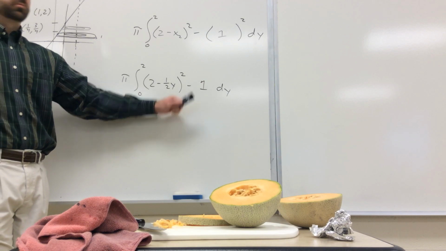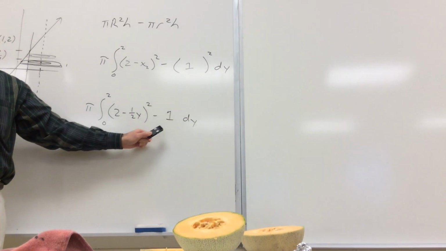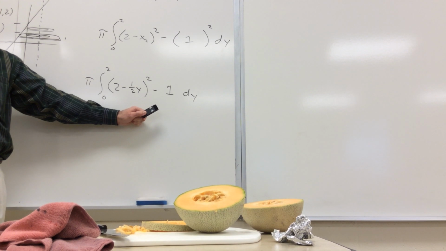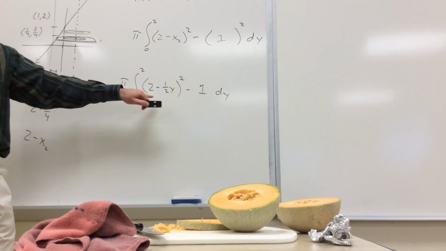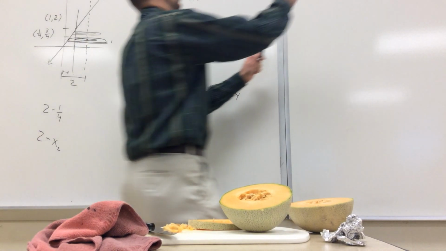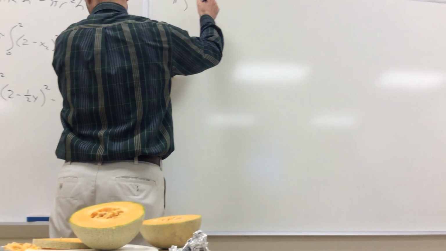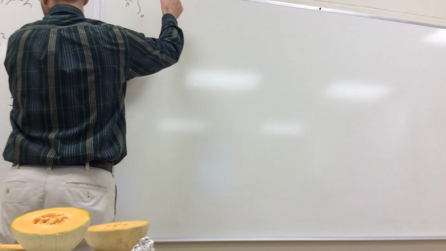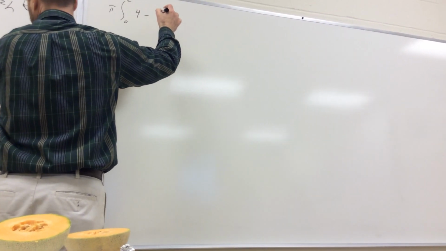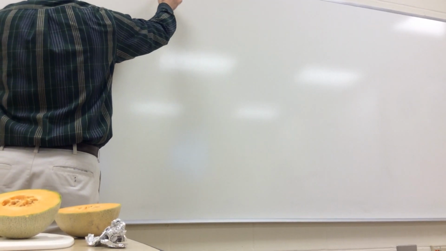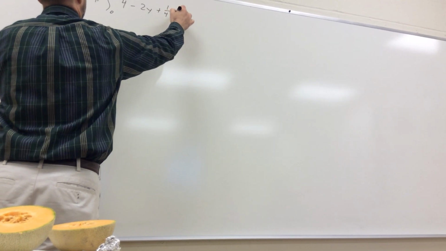In the same step, I squared 1, which is 1. Okay, now I need to FOIL this out. So that's pi times the integral from 0 to 2 of 4 minus 2y plus 1/4 y squared.